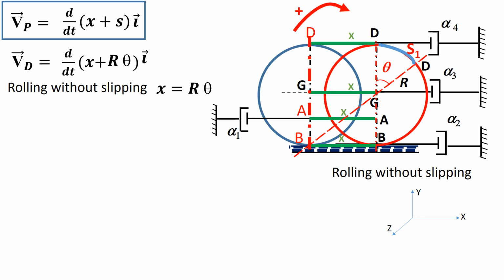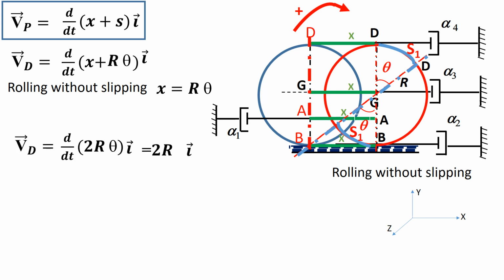And in order to be convinced, you see the figure, you see the axis, the final axis after the whole translation and rotation of the point D. And on the other side you see the theta, and here s1 is the same. You can see that s1 equals x.